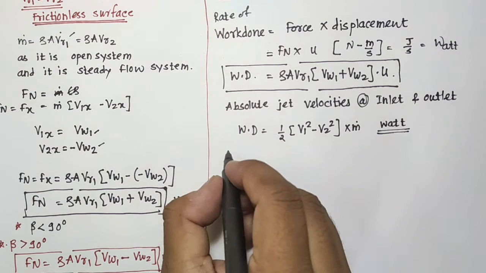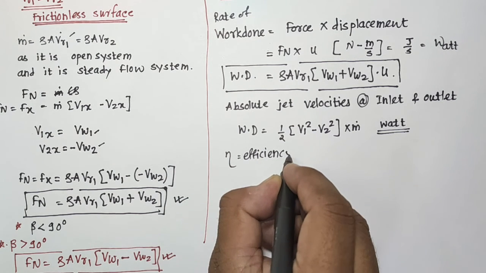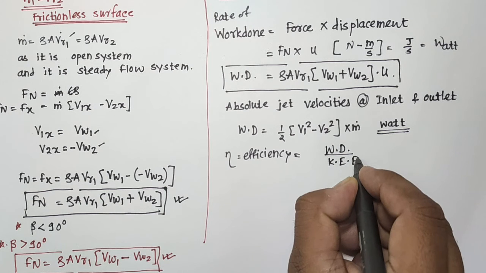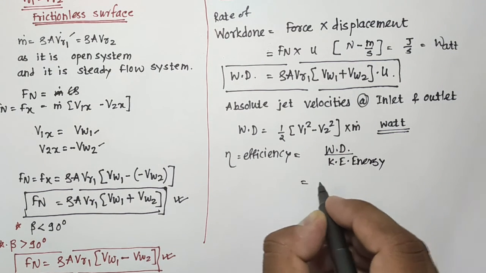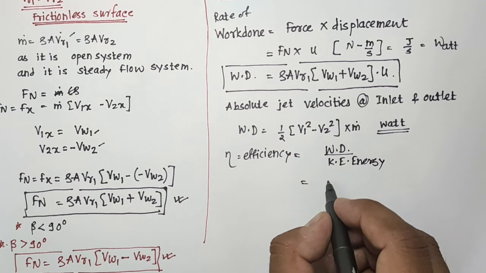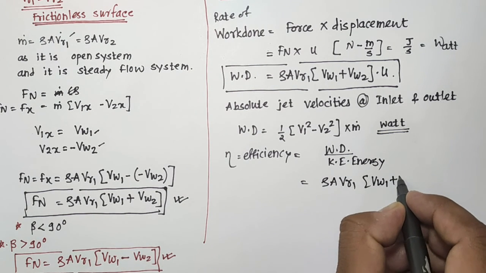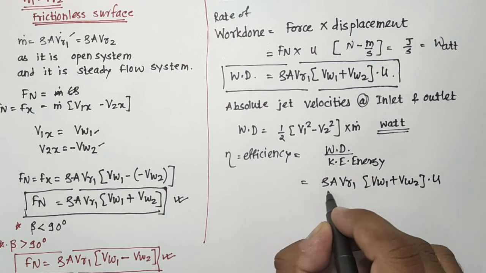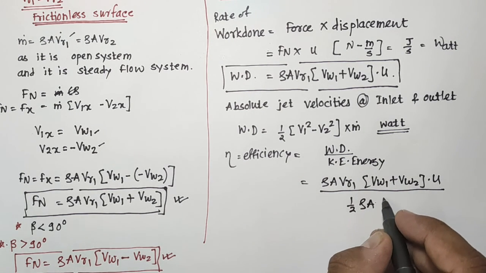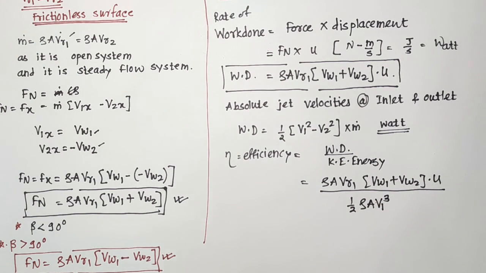So efficiency will be equal to work done divided by kinetic energy. So it can be written as work done, which is rho A VR1 in bracket VW1 plus VW2 into U, divided by 1/2 rho A, now that particular thing related to velocity is V1 cube.